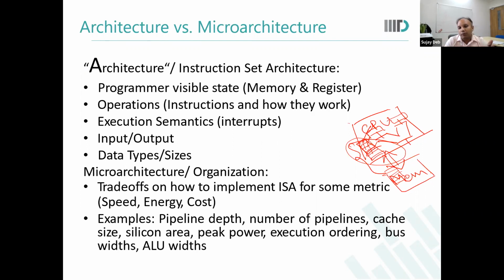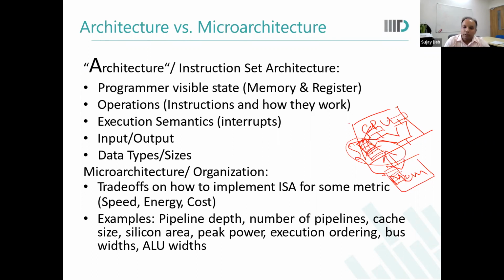The data types, for example, whether you will be able to handle single precision numbers or double precision numbers, whether you can handle floating point numbers or integers only, and what will be the size of the data, whether you can deal with 32-bit data or 64-bit data. All these things will be specified at the instruction set architecture.